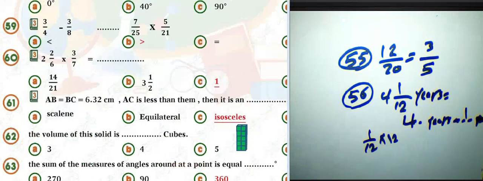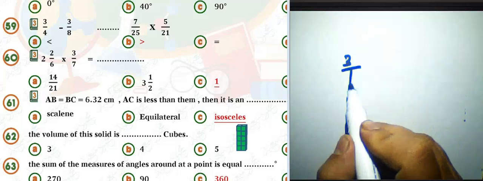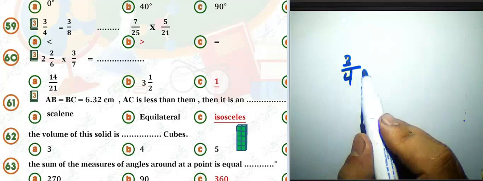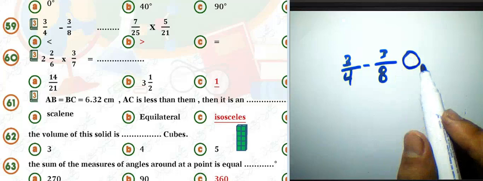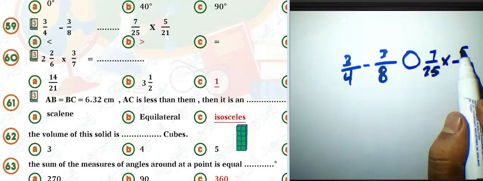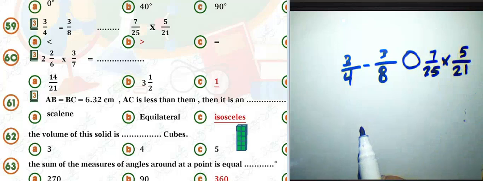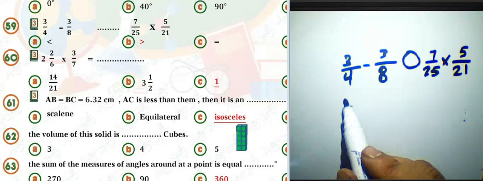Question 59. 3 over 4 subtracts 3 over 8, or 5 over 25 multiplied by 5 over 21. We can find the difference between them by writing the least common multiple between them.